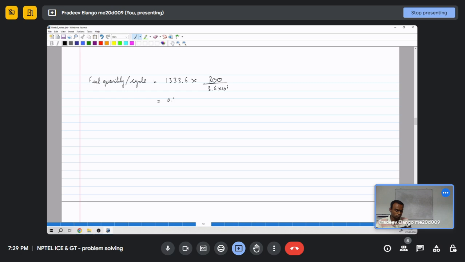It is 0.111 gram per cycle. I hope you are following, because this is the third time we are doing this calculation.